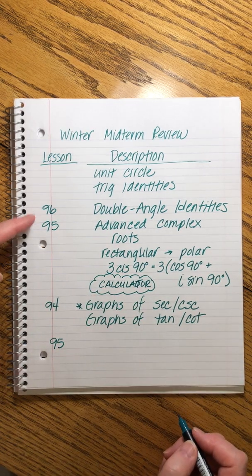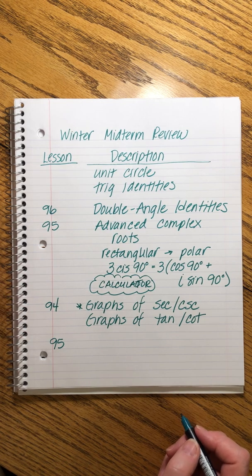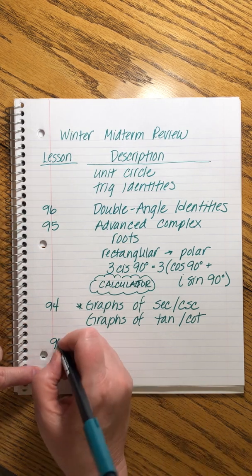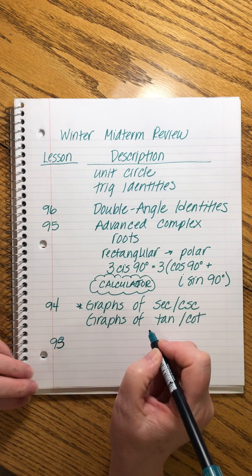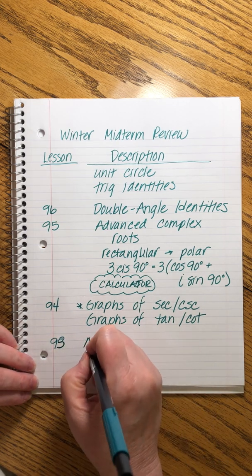95. Oh, see, I'm doing it again. I've done it in every lesson. I'm going backwards, but all of a sudden I find myself trying to go forwards again. 93. 93 is advanced trig identities.